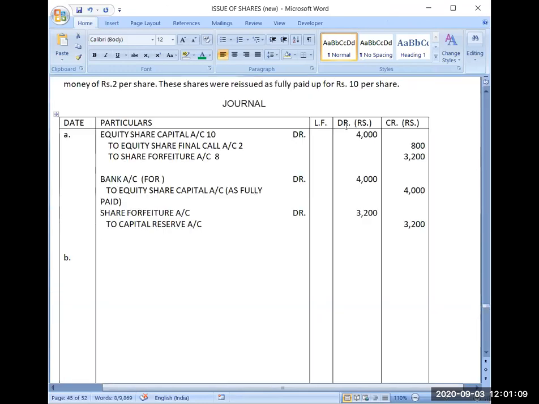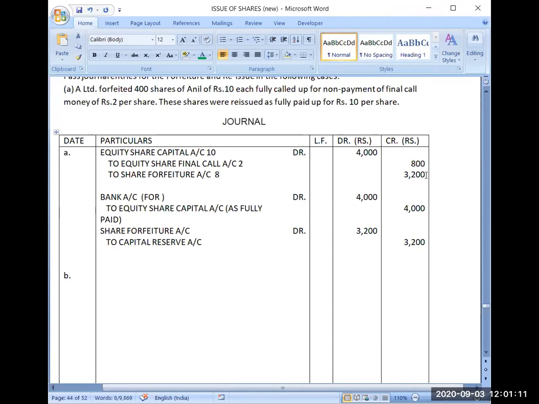Whatever the amount you have received in this account, share forfeiture account, like suppose here you have received 3,200, this much discount you can give on these 400 shares at the time of reissuing them. Again, I am repeating. First question is, how much discount I can give on the reissue of the shares which I have forfeited.